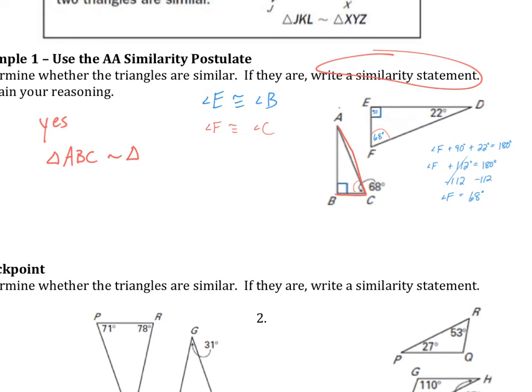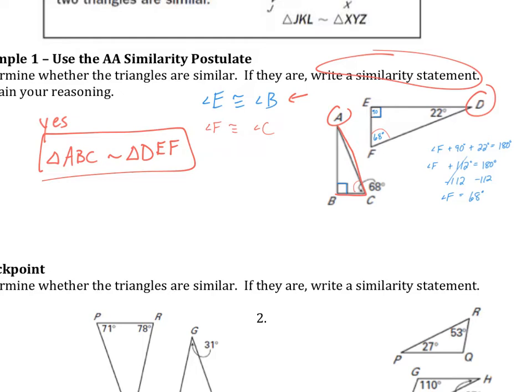And you can see angle A and angle D match up. So D would have to come first. Okay, and then what matches up with B? You can see angle B is congruent to E, so E would come second, and C matches up with F, so F would come last. So are they similar? Yes. The similarity statement is triangle ABC is similar to triangle DEF.